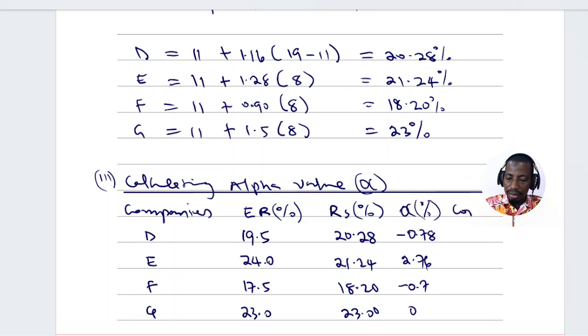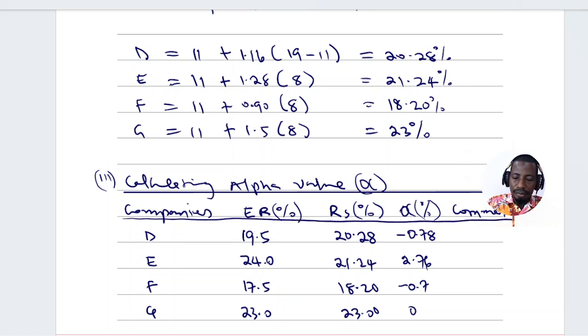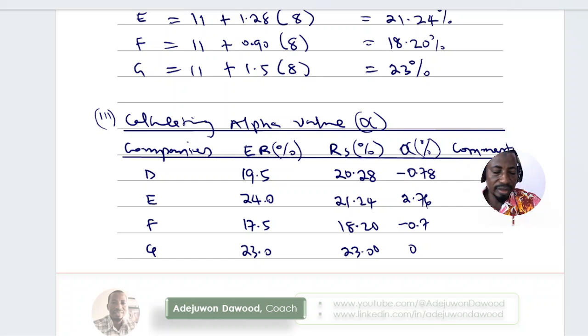So if you like, you can introduce a comment or remark. Provided the alpha value is negative, it means it is overvalued. This is also overvalued.